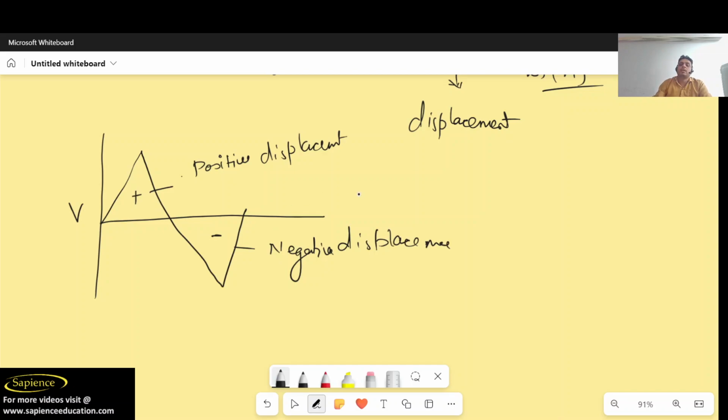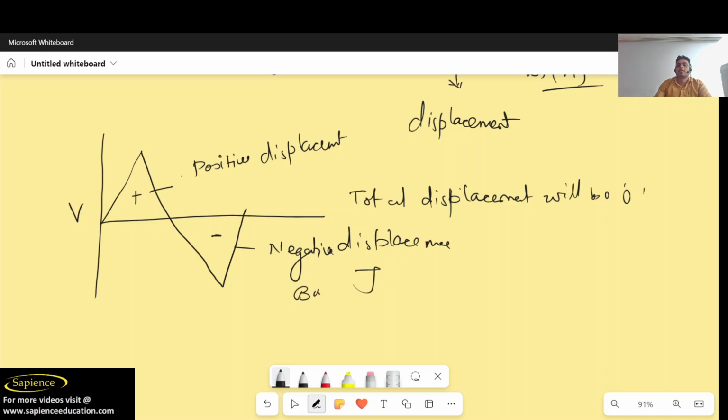If you add them, the total displacement will be 0. The total displacement will be 0, but the total distance traveled cannot be 0.